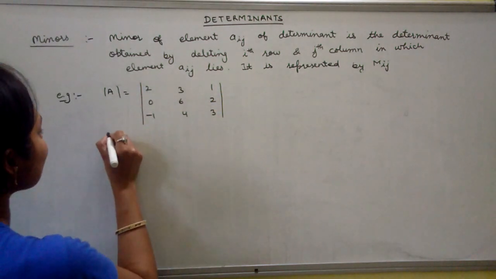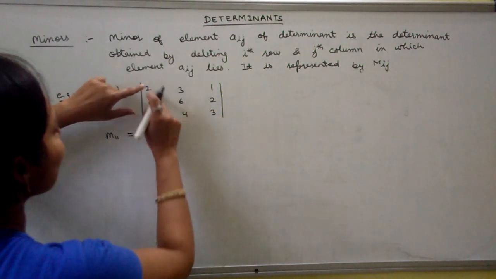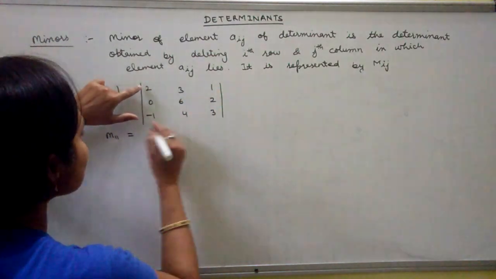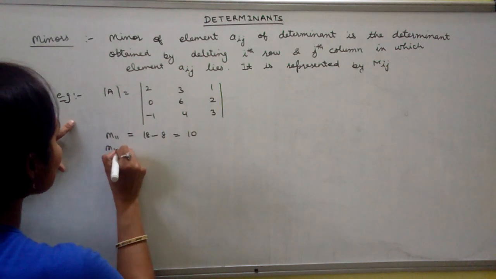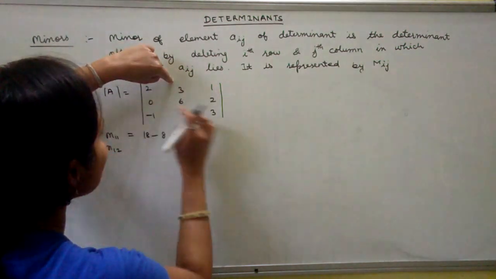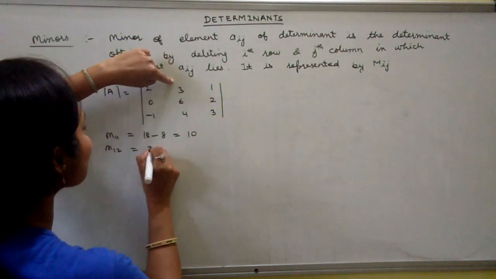Now first of all, if you want M11, this row and this column will cancel. 6 3s are 18, minus 4 2s are 8, that is 10. M12, this row and this column will cancel. 0 plus 2, that is 2.